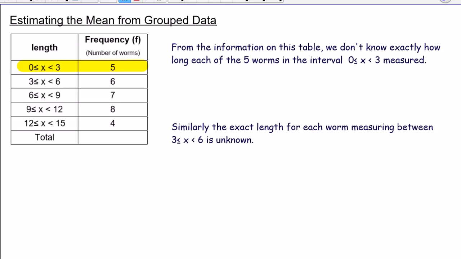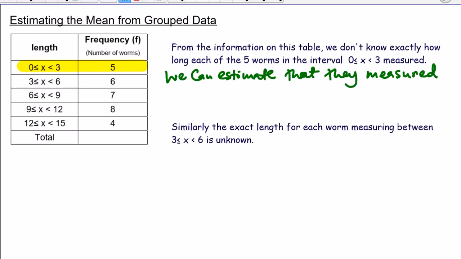So basically, we can estimate that they measured 0 plus 3 divided by 2, which will be equal to 1.5 centimeters.